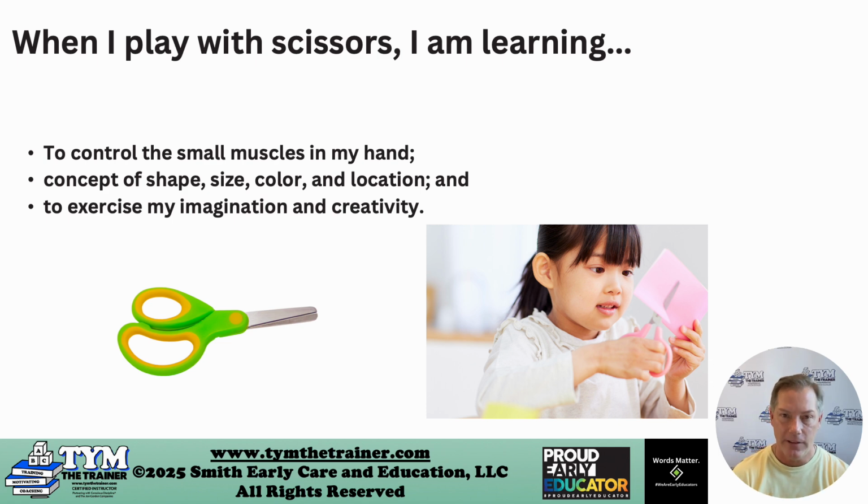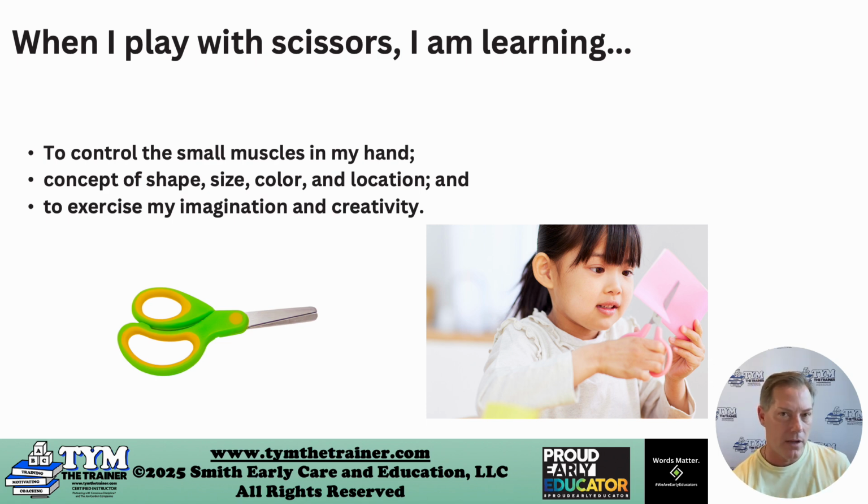When they're playing with scissors that are age appropriate and scissors that are manufactured for the particular age of children that you're working with, you're controlling the small muscles in their hand. We don't get a whole lot of opportunities to do this right here. The concept of shape, size, color, and location to exercise their imagination and creativity.